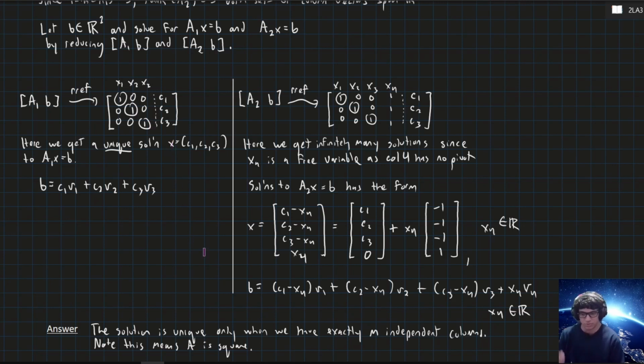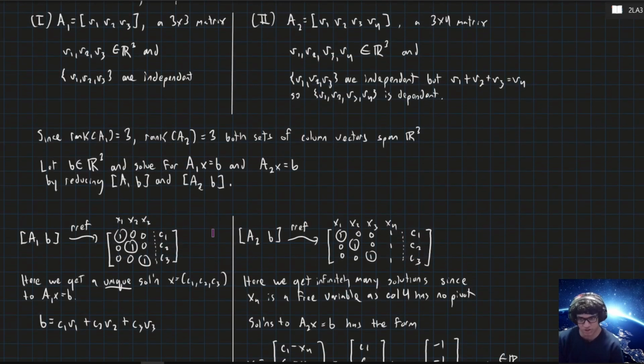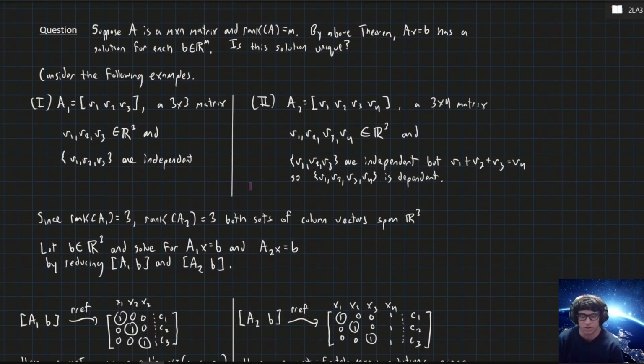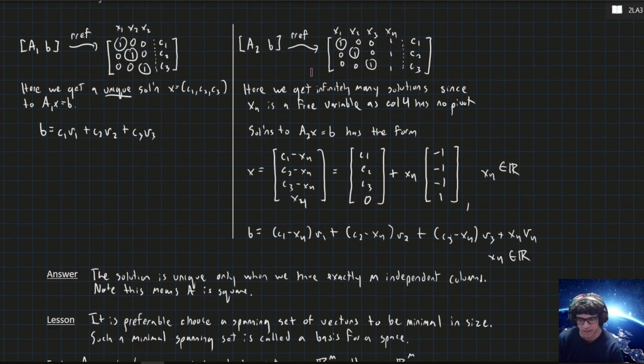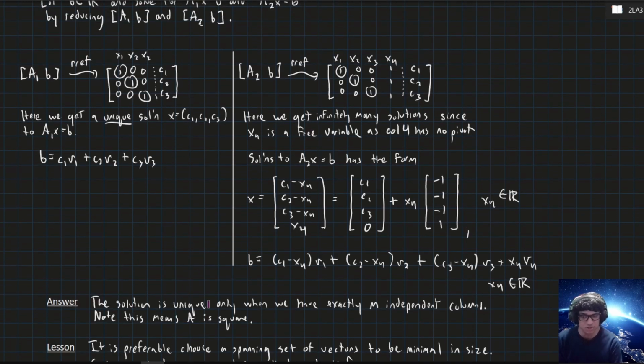So we can answer our question now. What are the conditions on A that will make the solution unique? From this we can see that the solution is unique when we have exactly m independent columns. So what we want is m independent columns and no more.